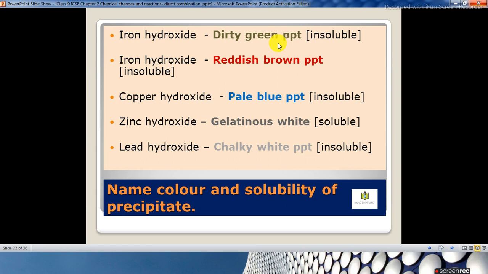When iron chloride combines with sodium hydroxide, you get sodium chloride and Fe(OH)3, again iron hydroxide, which is a reddish brown precipitate. Copper hydroxide is a pale blue precipitate which is insoluble. Zinc hydroxide is a gelatinous white precipitate which is soluble, and lead hydroxide is a chalky white precipitate which is insoluble. So in this way you get different precipitates, different colors, and differing solubility. Sometimes it is soluble, sometimes insoluble.